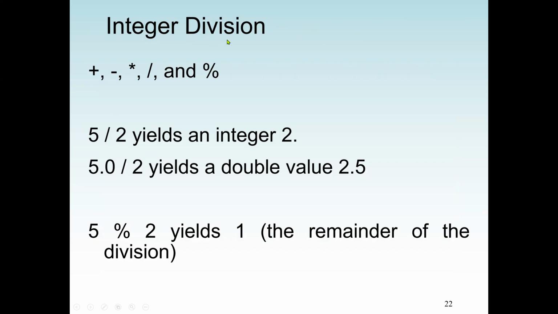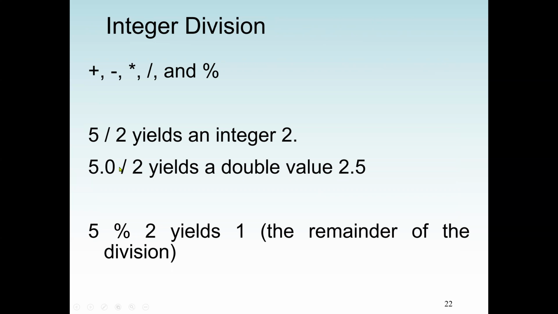So we also have integer divisions. Normally with integer divisions, our answer will be an integer. So 5 divided by 2 is supposed to be 2.5, but since it's an int, the answer will be only 2, so we lose the decimal part. But if we make one of these two values a double or float, a decimal value, then we are going to get our decimal.